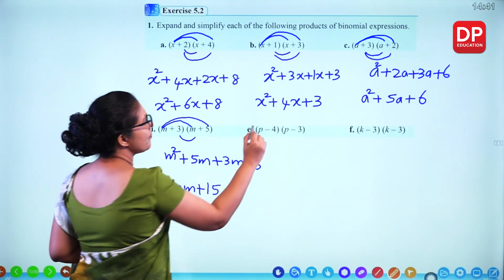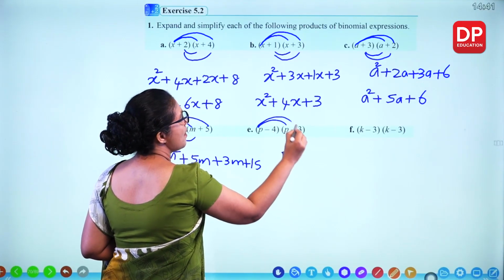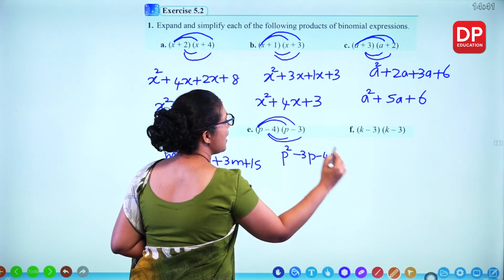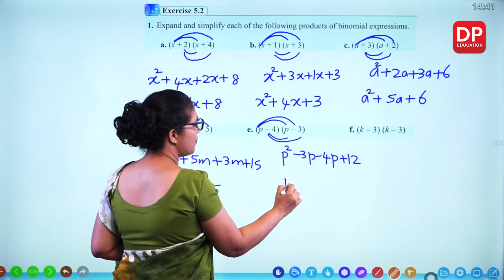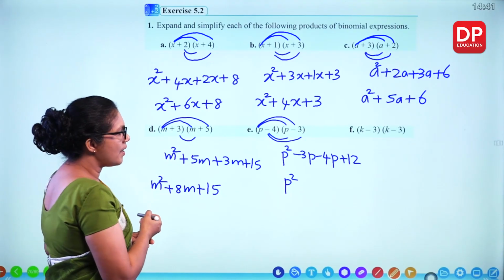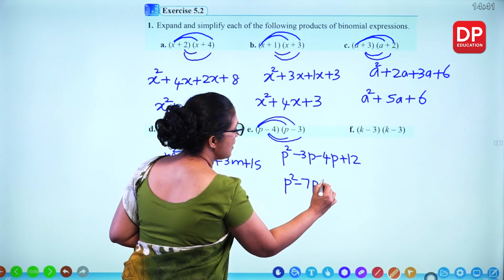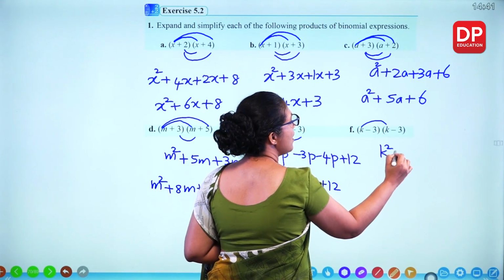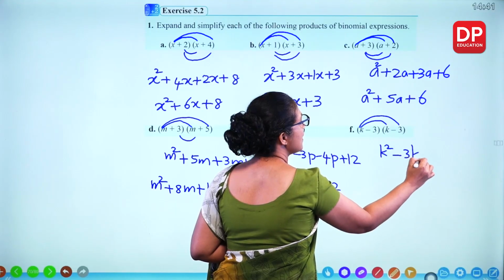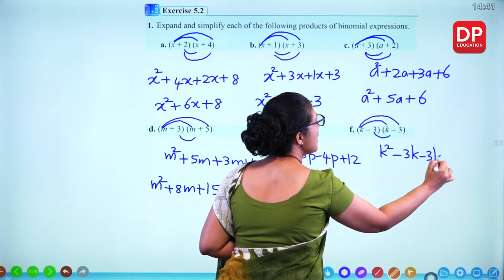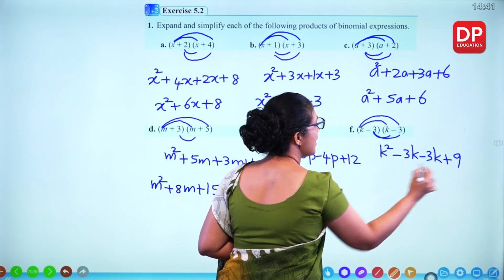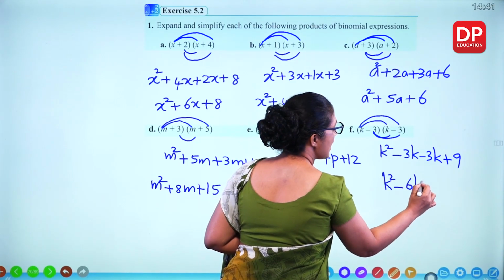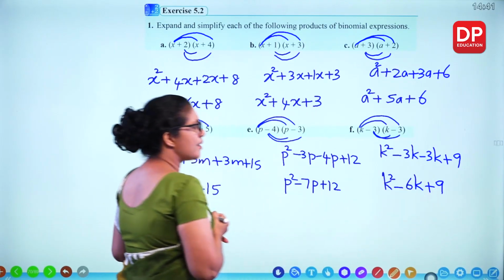This one, p squared minus 3p minus 4p and plus 12. When you simplify, you get p squared minus 7p plus 12. This one, k squared minus 3k and plus 9. So you get k squared minus 3 minus 6k plus 9.